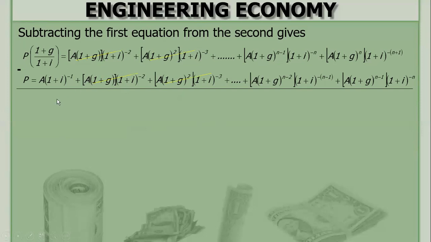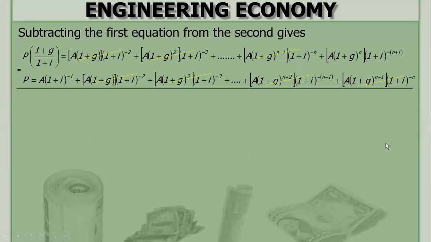Now, for this one, it cancels with the term before it. We also have the term A times 1 plus g raised to n minus 2 times 1 plus i raised to negative n minus 1. The term before it cancels it. And for this one, it cancels too.